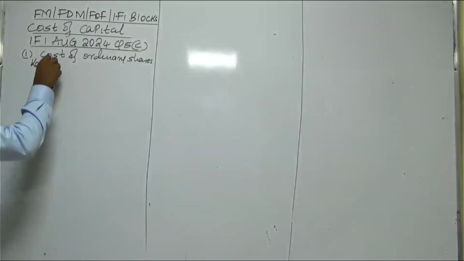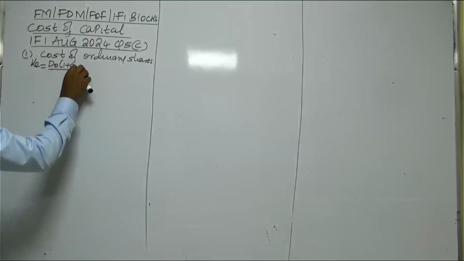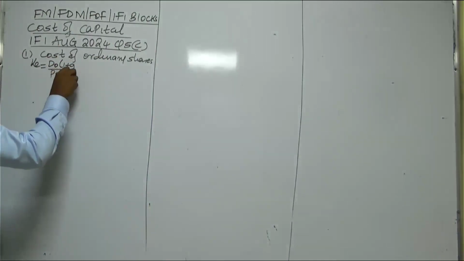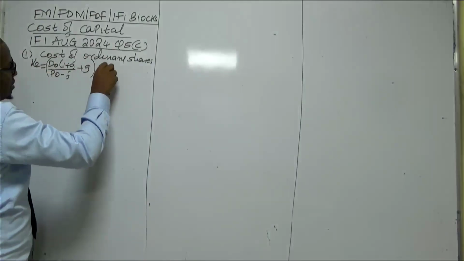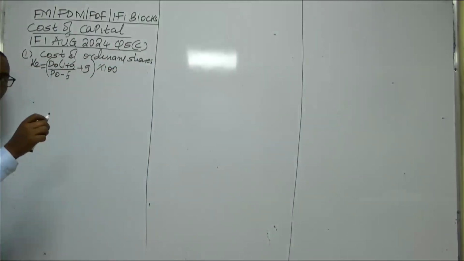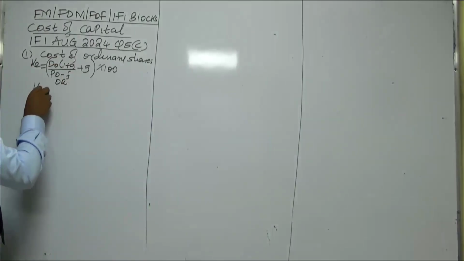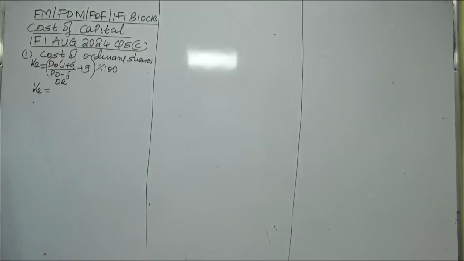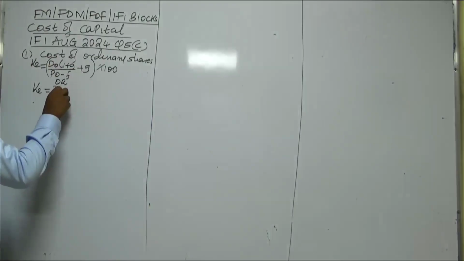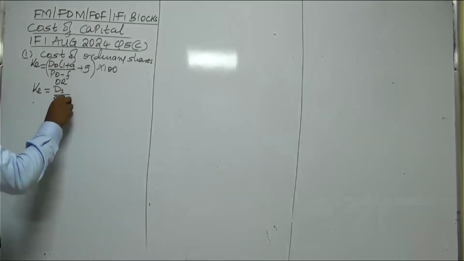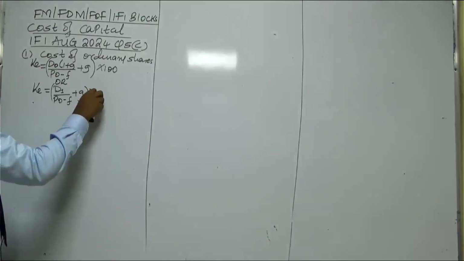Remember, in our case we always say it is D0 (1 plus g) all over P0 minus flotation cost, plus g, times 100. You get this if you are given the next dividend, D1, which you just divide by P0 minus flotation cost, plus g, multiplied by 100.